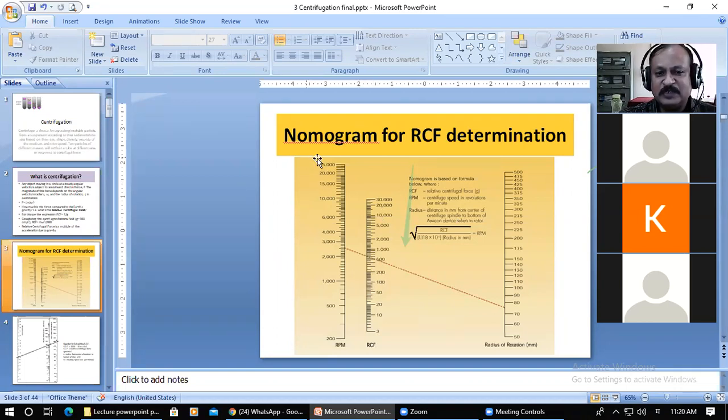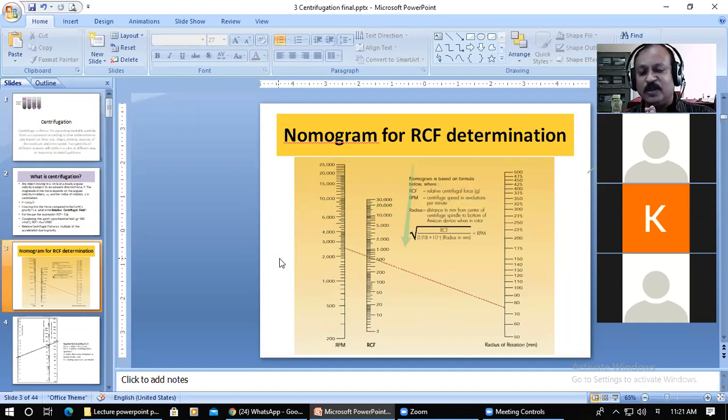This kind of figure is called a nomogram. A nomogram is used for determination of the RCF, or if you know the RCF, it will help you find out the RPM speed. But normally in a centrifuge machine, the RPM speed is given, so you can adjust your speed in RPM, and of course you know the radius of the rotor, or radius of rotation, because that is given in the manufacturer brochure.